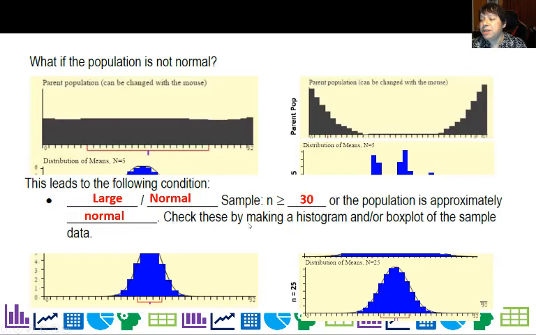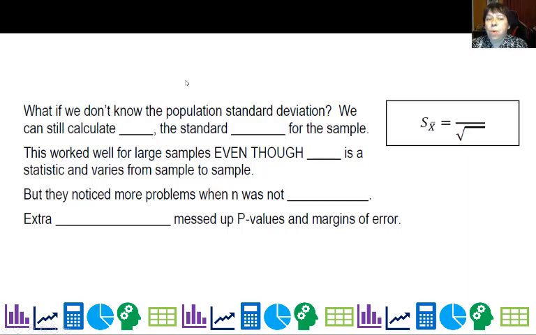Now, remember to check these by making a histogram and/or box plot of the sample data. Well, what if we don't know the population standard deviation? So we can still calculate s of x. We're going to need a sample, and the standard error for the sample seems to work well enough, even though s of x is a statistic and varies from sample to sample.